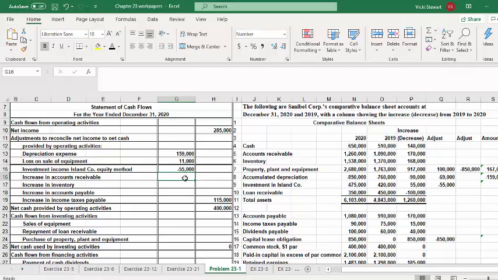Now we're going to make the reconciliation entries for the current assets and liabilities. The accounts receivable increased by $170,000, so that would be subtracted. The inventory also increased by $168,000, so that would be a subtraction from cash. Accounts payable increased by $170,000, so that would be an addition to cash.